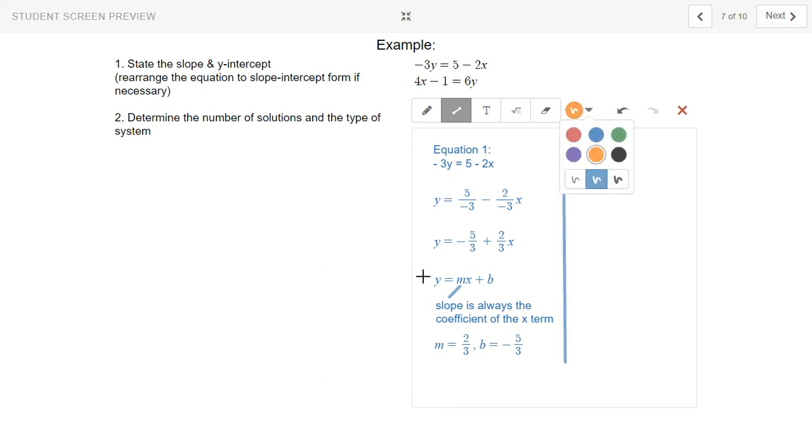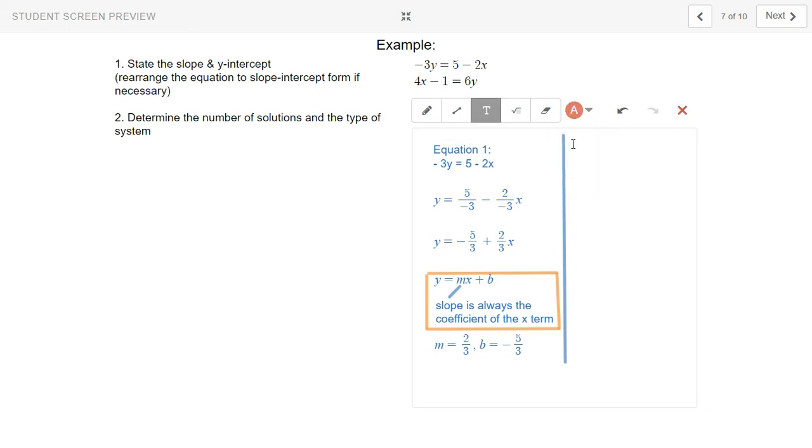I will put this in a little box. Okay, equation 2: 4x minus 1 is equal to 6y.